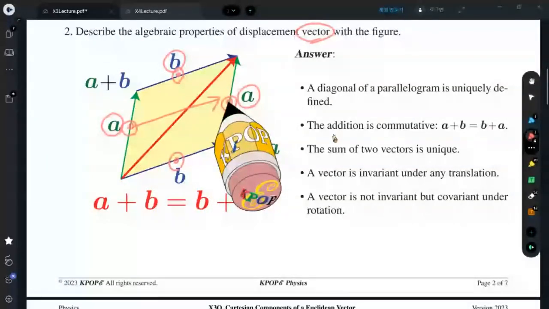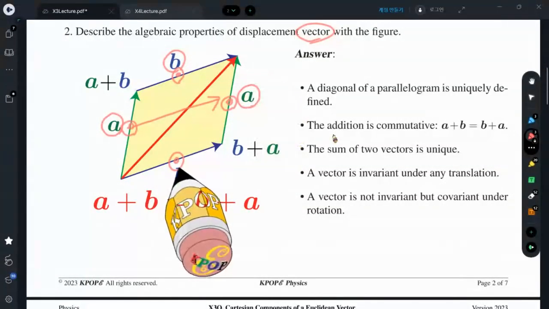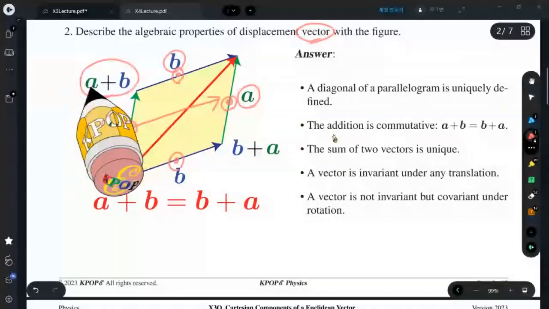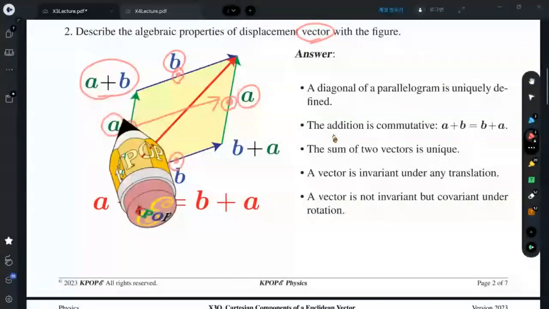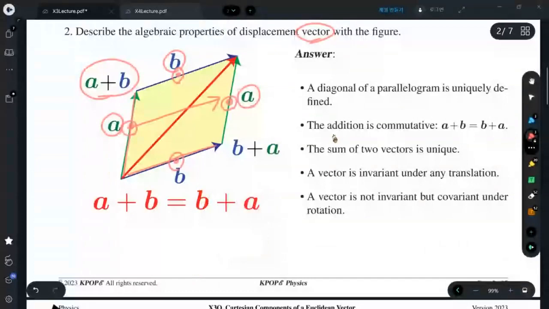The addition of two vectors can be made by using this method. Let us make the sum of A and B. This is A vector and this is B vector.